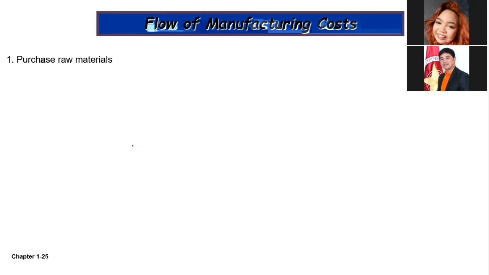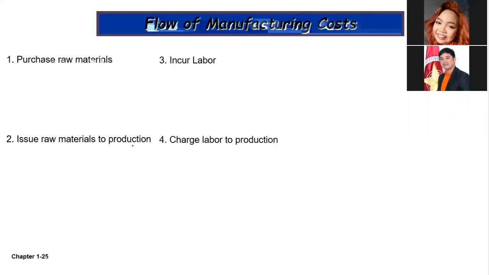So what do we do with the raw materials? We then issue the raw materials to production. So simple as that. And then what do we need next? So we need the labor para ma-convert yung raw mats into finished goods. So we will incur the labor, but as cost accountants, we have to charge the labor to production.